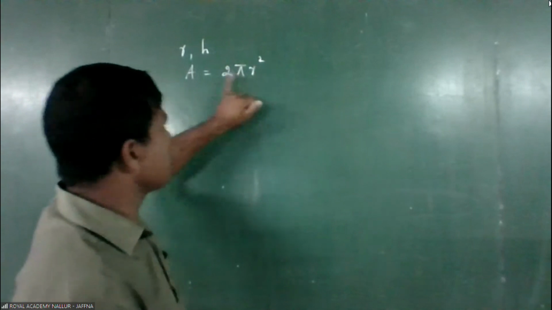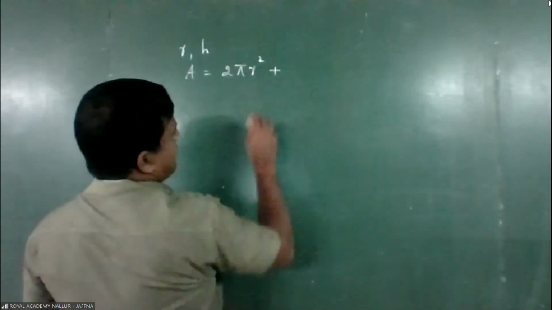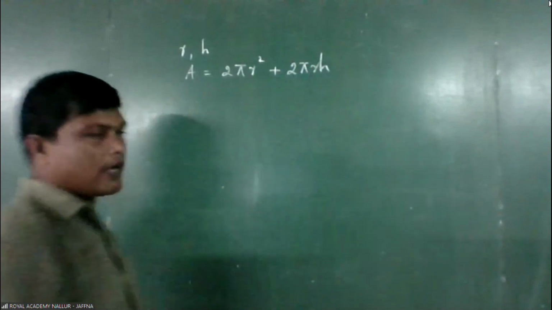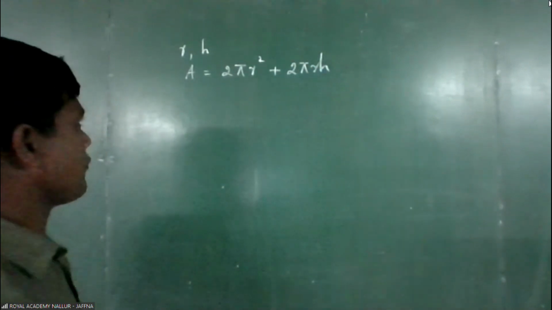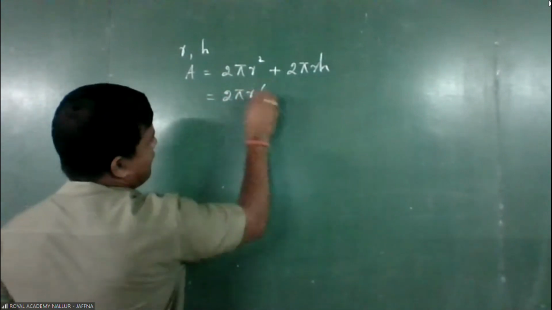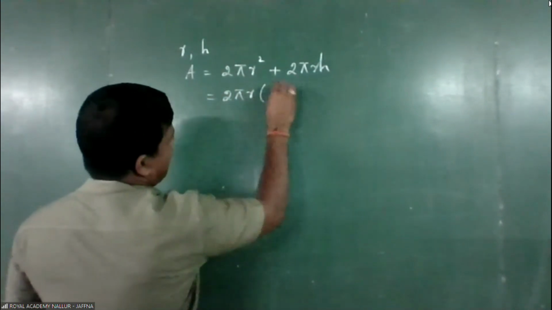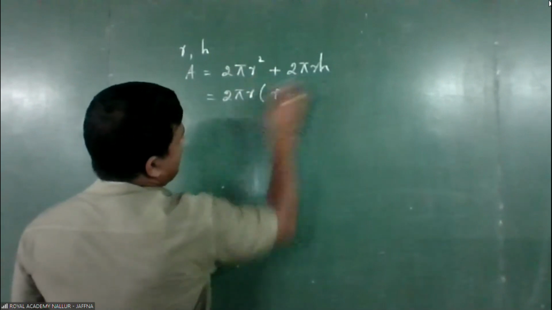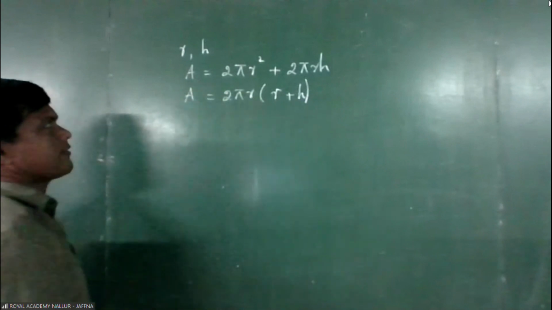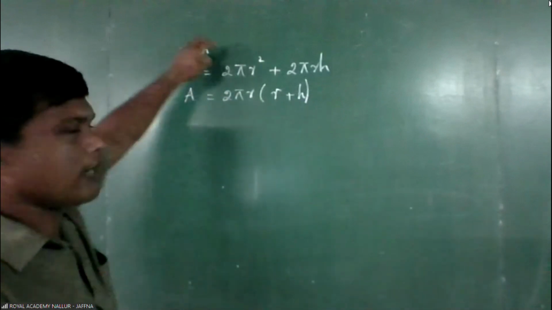Therefore, pi r squared 2 times, plus the curved surface area is 2 pi r h. This is the formula for that, but in short, you can take 2 pi r as a common factor. Then here r remains, plus h. So this is the total surface area of a cylinder of base radius r and height h.